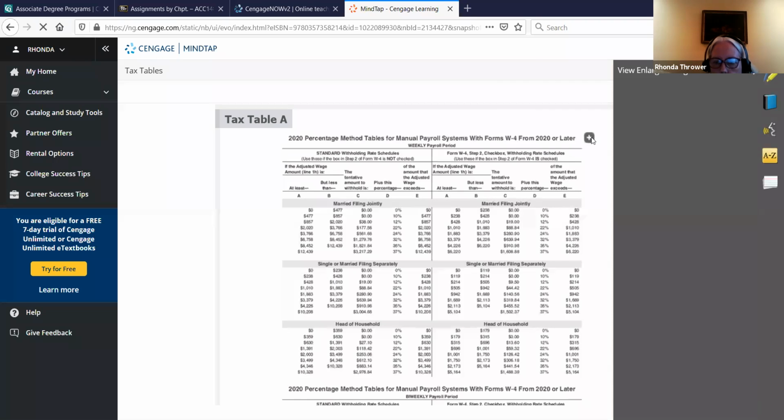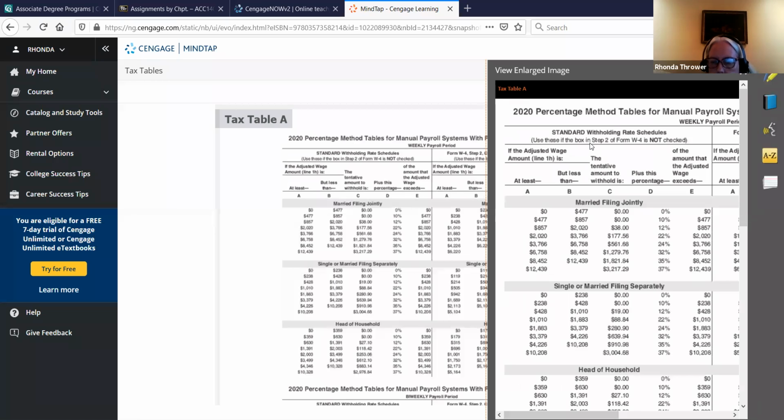And I'm going to enlarge it so we can see it good. We're under single. We've fallen in between the amounts of 1883 and 3,379. Your salary falls in between those, so this is the line that we would use. The tentative amount to withhold is $280.90.